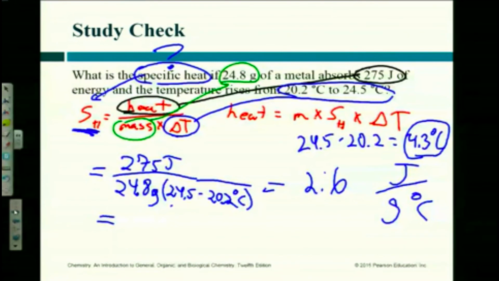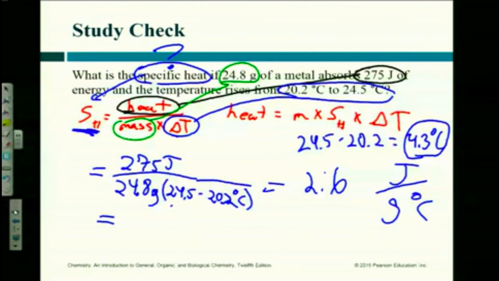So is the unit joules over grams degrees Celsius proper for specific heat? Yep. It has three units for specific heat. Or you could convert this to calories, using 4.184.